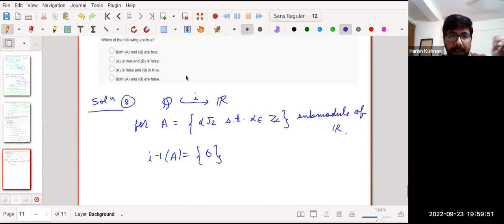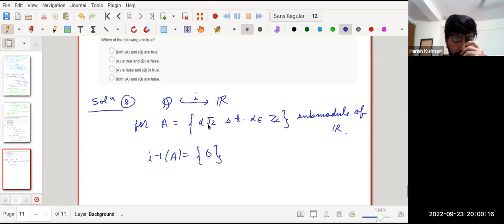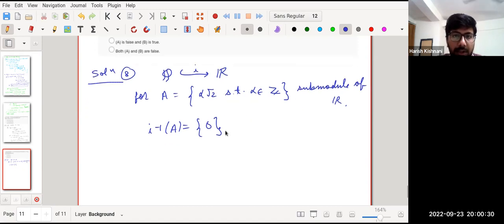Why? Because see what inclusion does. Inclusion just sends Q to Q, and if you take the pre-image of all other elements, you won't get anything. Pre-image of root 2 is nothing, because root 2 is not mapped to anything. So the only pre-image you will get is for alpha to be 0, and as it is an injective map, the pre-image of 0 will be 0. So the pre-image of this entire set is going to be 0.